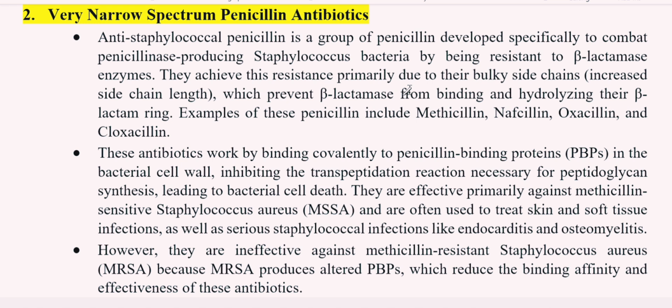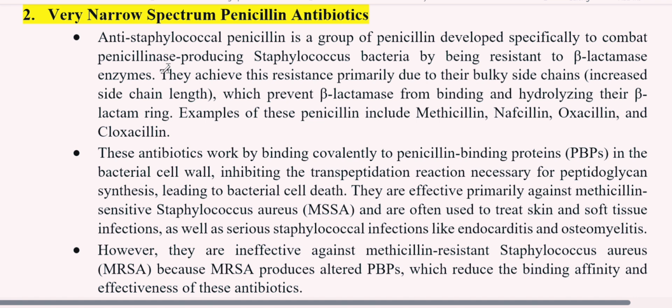Hence, by the modification of those natural penicillins, we discovered a new class of penicillin antibiotics that had a very narrow spectrum, and that very narrow spectrum was achieved due to the modification in their side chain by increasing their side chain. So these penicillins are also known as anti-staphylococcus penicillins.